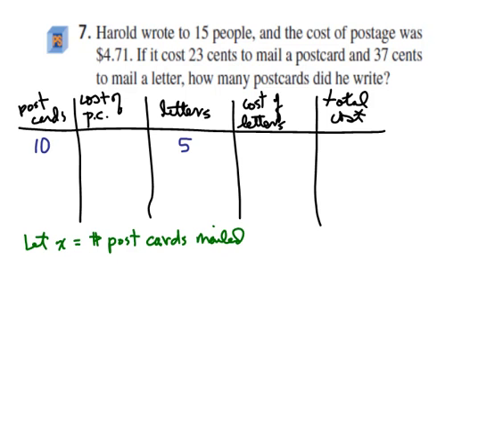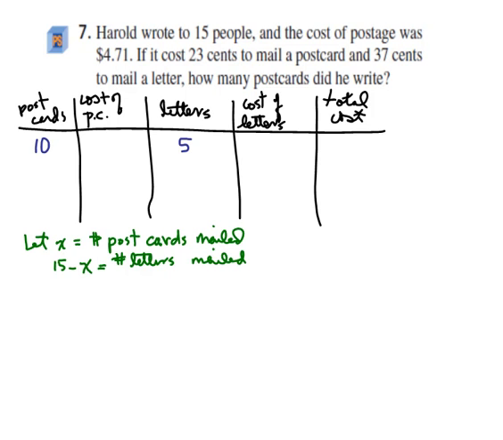If there were 10 postcards, as in this case, there would have to be 15 minus 10, or 5 letters. Regardless, there would have to be 15 minus x letters mailed if there were x postcards mailed. So we set it up with x is the postcards, 15 minus x is the letters mailed. I hope that that makes sense.